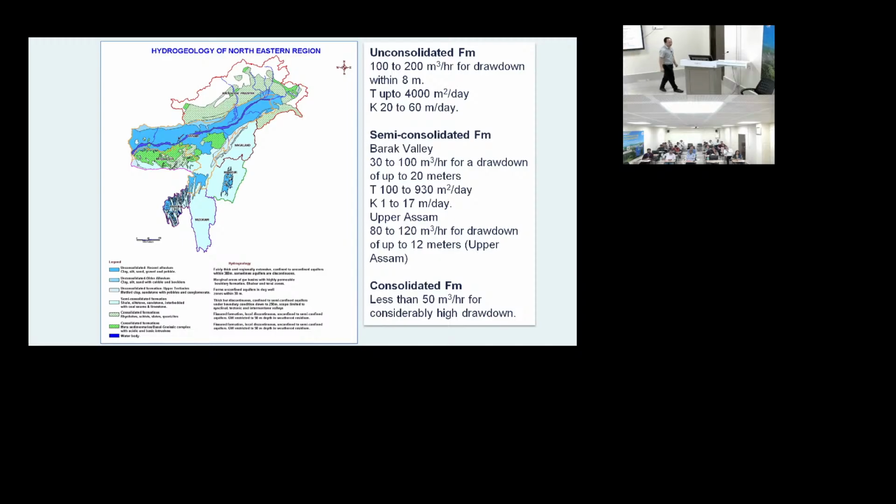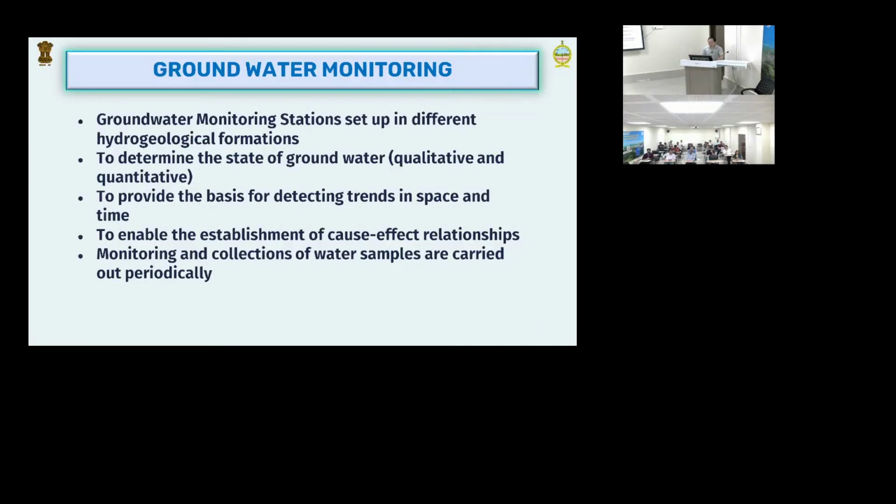And consolidated formation, where there is a hard rock formation underlying those areas, is where the aquifer potential is much lesser than the unconsolidated and semi-consolidated formation. So I'll just go ahead with that.